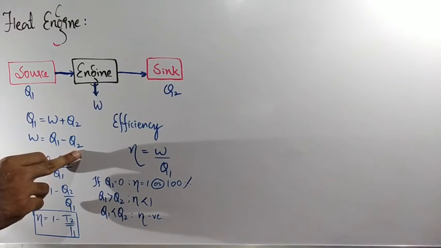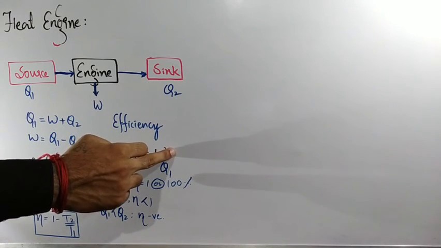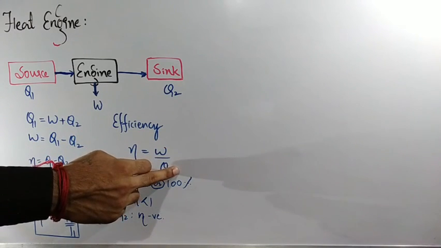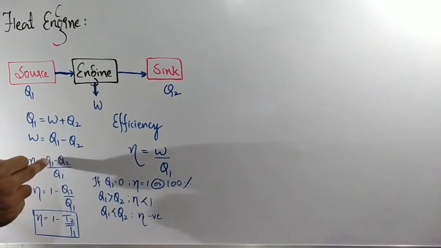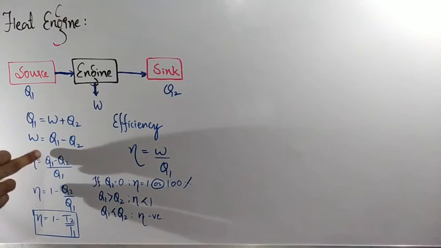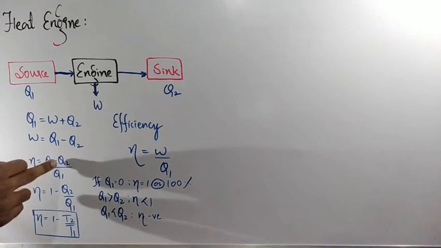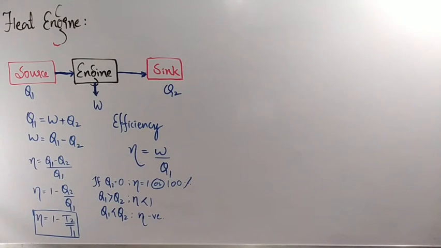Next, efficiency is the output work done divided by the input energy. Output work done is Q1 minus Q2, divided by the input Q1. Q1 cancels, giving 1 minus Q2 by Q1. Practically, Q2 by Q1 is T2 by T1. So finally you get eta equal to 1 minus T2 by T1, and these are the cases.